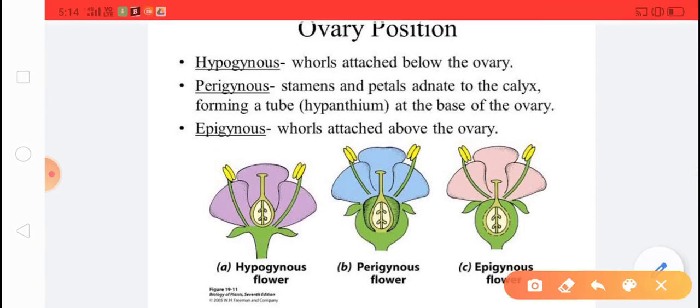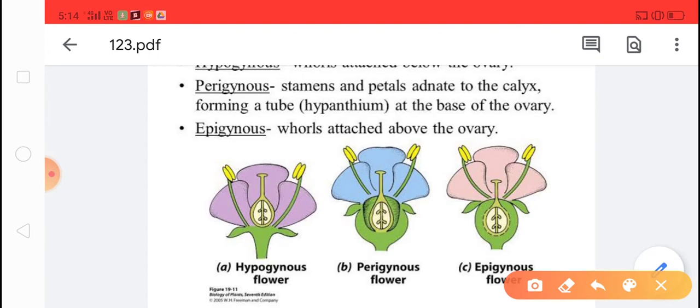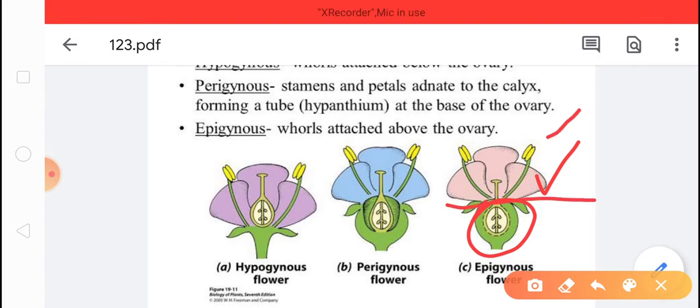Okay, now notice the position of the ovary in a flower. When the sepals and petals are arranged above the ovary, you can see in the picture, the ovary is downside, and above the ovary, sepals and petals are arranged. Such kind of arrangement is called an epigynous flower.